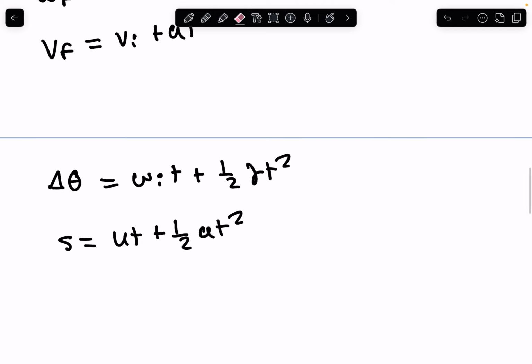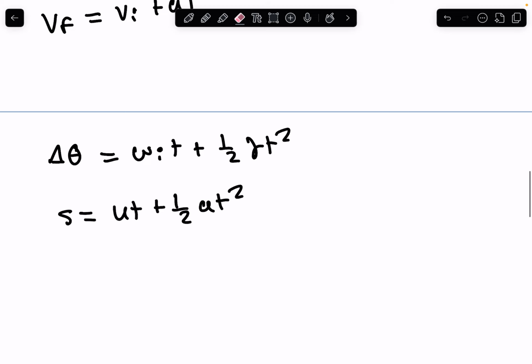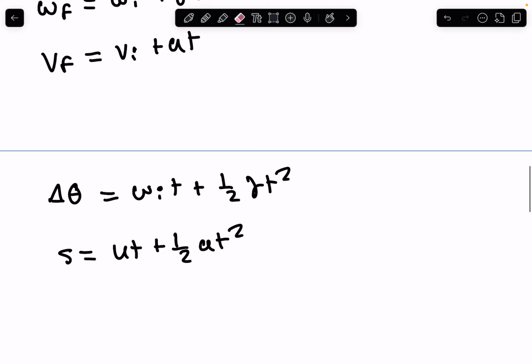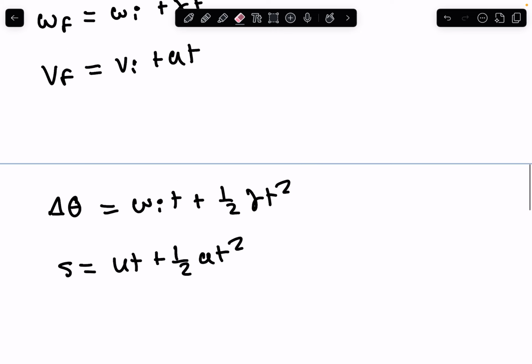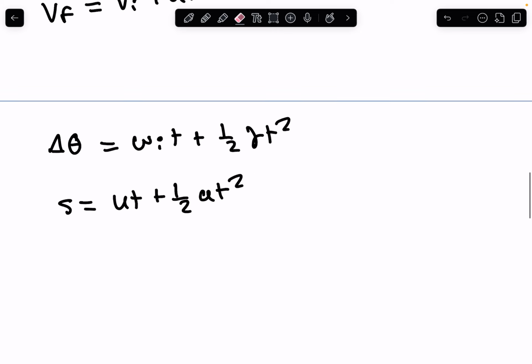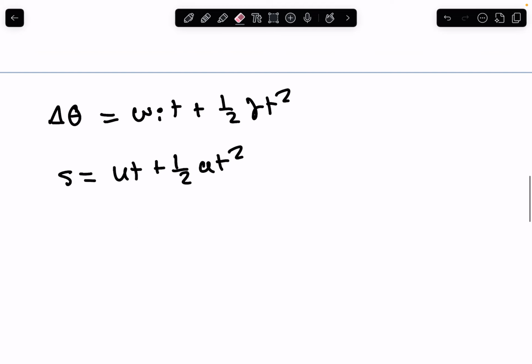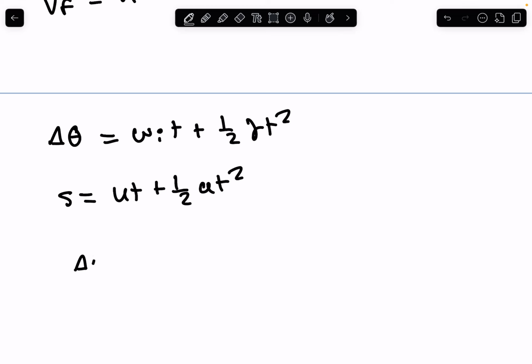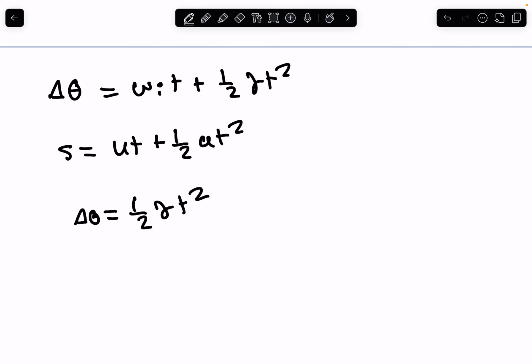And you see we just replaced the u with the omega and the a with the alpha, and the displacement with the angular displacement. Usually when you use it, you'll find there's no initial velocity, so the equation simplifies to delta theta equals half alpha t squared. And if you have alpha and t, you'll be able to get delta theta.